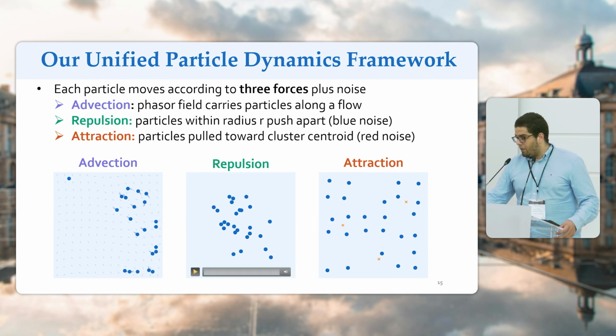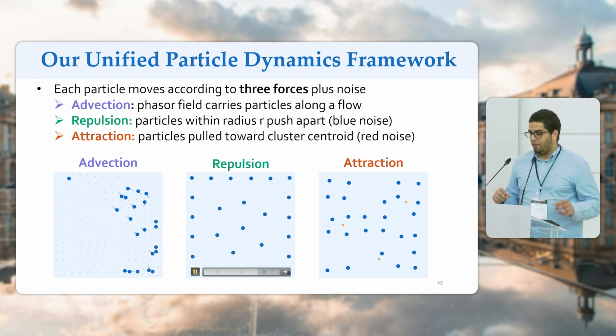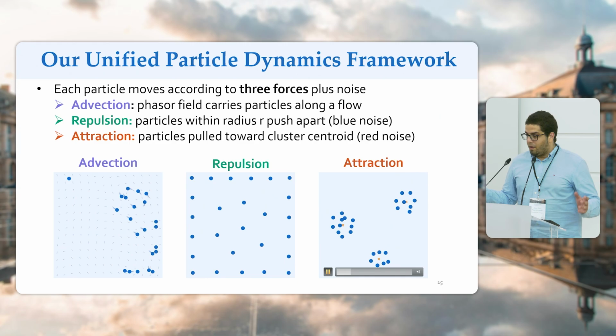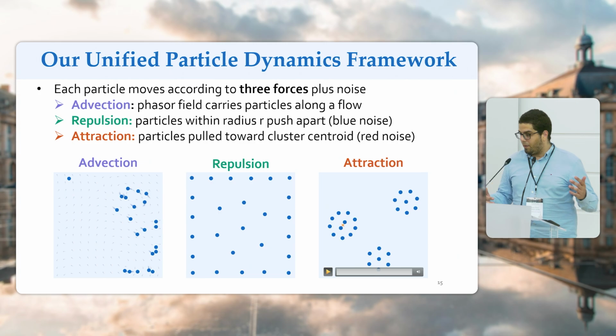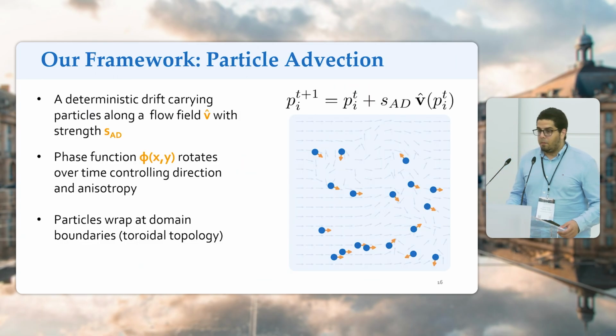Then we have the repulsion, where inside a particle radius, particles tend to repel each other and push apart. And then the attraction, which is the opposite, where particles are pulled towards the centroids. With these three simple forces, we can manage to create any power spectrum.